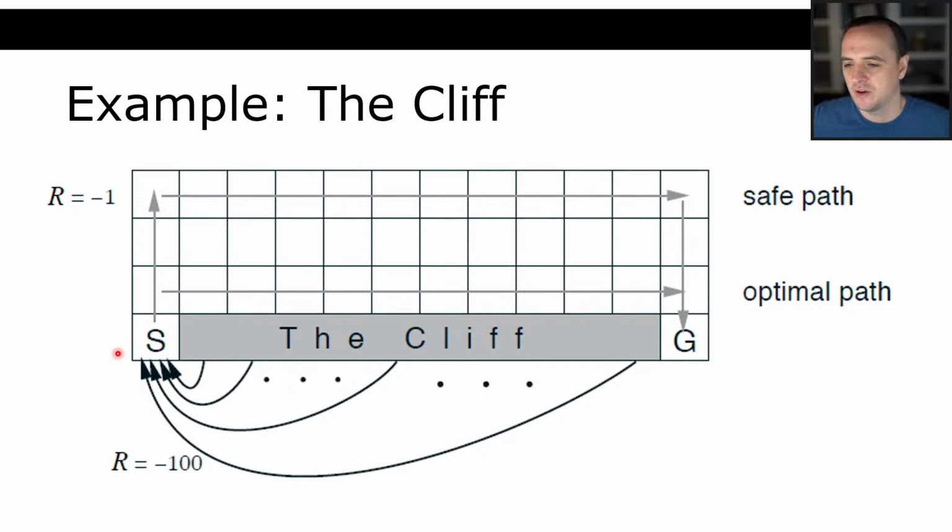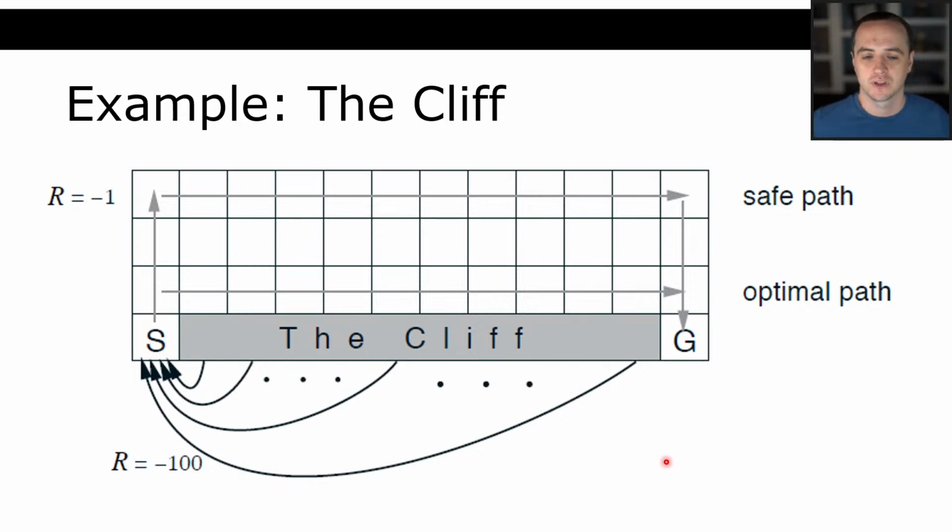It means that whenever I'm moving, I'm getting a reward of -1, because I want to find the shortest path from the start state to the goal state. But if I'm right here, if I move to the right, I get -1 as a reward because it's taking one step. But if I move down onto the cliff, I get -100 reward and I go back to the start.